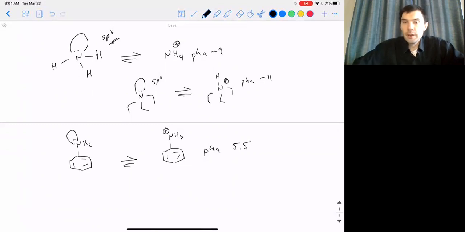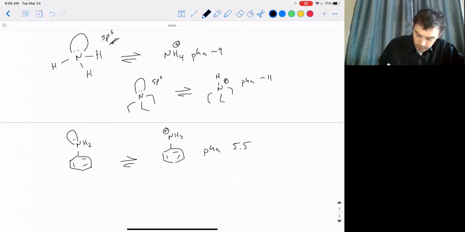And that makes it much weaker of a base than triethylamine would be. And the reason for that is that lone pair is delocalized. So nitrogen doesn't own the whole lone pair, and so it can't use the whole lone pair's worth of electrons to engage a proton in a basic reaction.